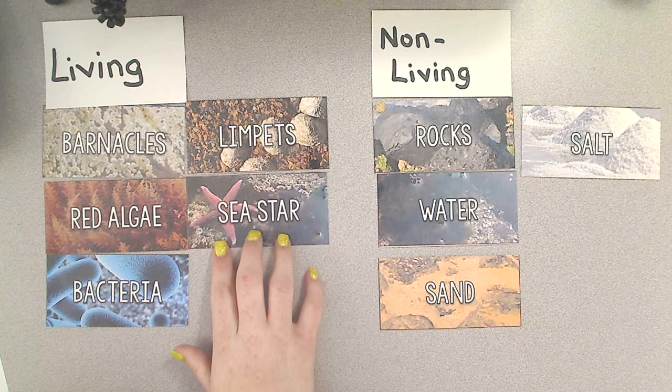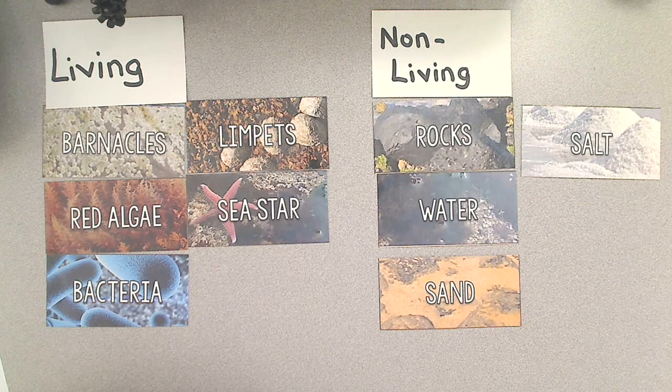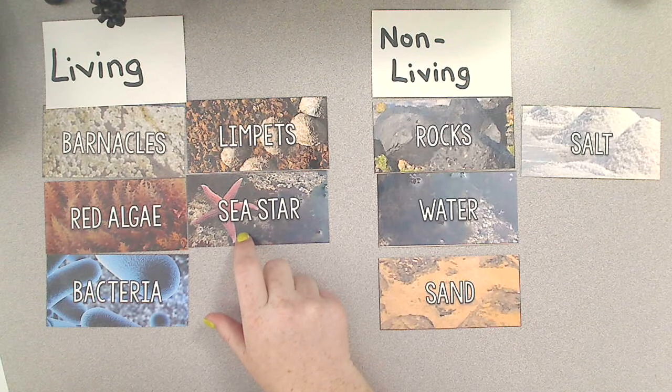Sea stars are a living organism that come in all shapes, sizes, colors, and they are really, really cool to investigate. So if you've never actually looked into the different species of sea star, you might want to Google it sometime. They're fun.